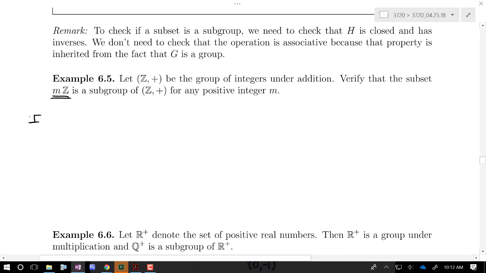So first, does it have the identity? Is 0 in mZ? Is 0 a multiple of m? We've actually already answered this question in a different context previously, back in chapter 2 or 3, I think.